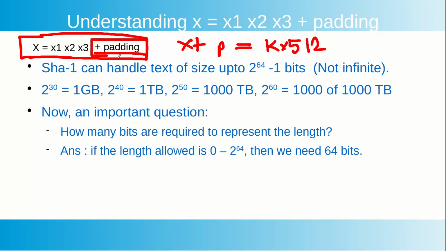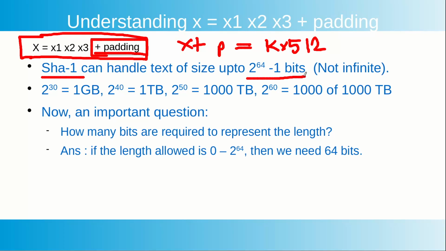Now, before understanding how this padding is actually done, let us explore some more information about SHA-1. In our cryptographic hash function definition, we stated that a cryptographic hash function generally maps arbitrary length text to a fixed size text, but this is not essentially true for SHA-1.